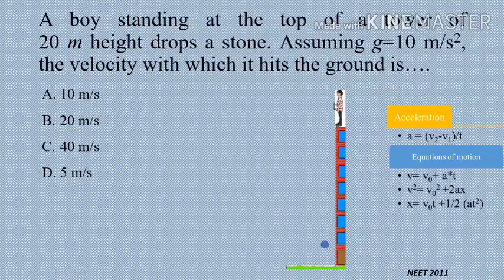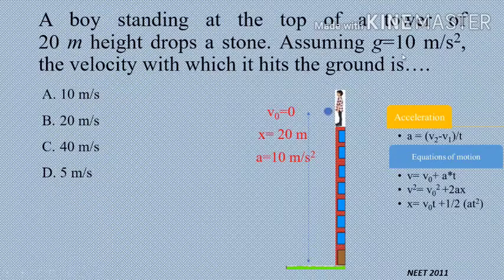From the statement we know initial velocity is 0, the height of the tower is 20 meters, and acceleration due to gravity a equals 10 meters per second squared. And we need to find out the velocity when the stone reaches the ground.